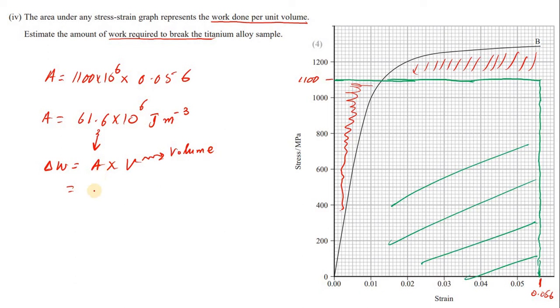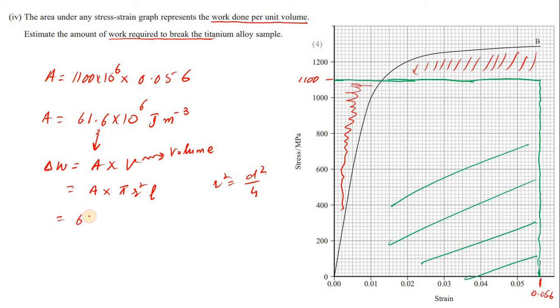And this V is the volume of the wire, and the wire is in the form of a cylinder. So area A, which is energy per unit volume, and the volume, this is a cylinder, so pi r square L. Again, I will be using d square by 4 in place of r square. So r square, remember, is d square by 4.